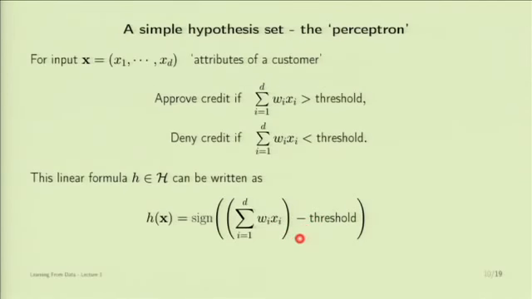If this quantity is positive, you belong to the first thing, and you will approve credit. If it's negative, you belong here, and you will deny credit. The function that takes a real number and produces the sign +1 or -1 is called the sign. So when you take the sign of this thing, this will indeed be +1 or -1, and this will give you the decision you want. And that will be the form of your hypothesis.